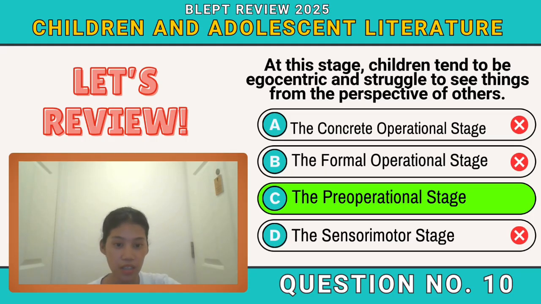Letter B, the adolescent or young adult begins to think abstractly and reason about hypothetical problems. And letter D, the sensory motor stage, children learn about the world through basic actions such as sucking, grasping, and looking, and also listening.